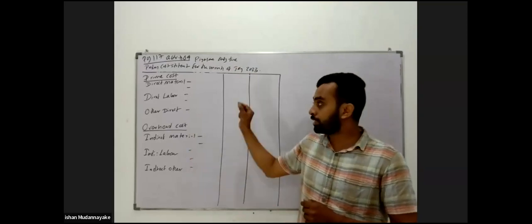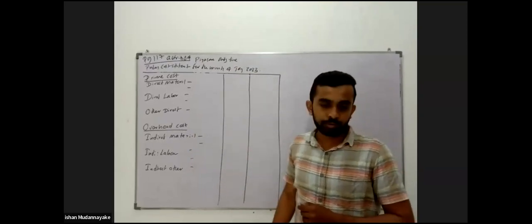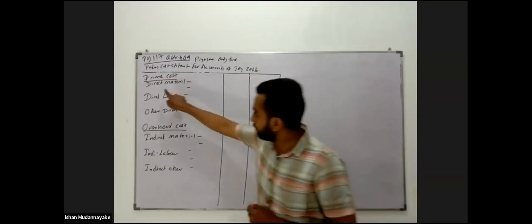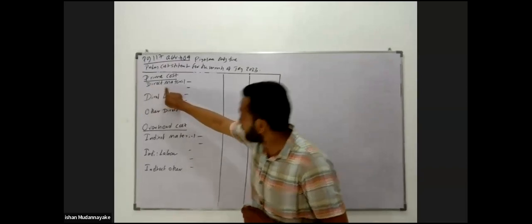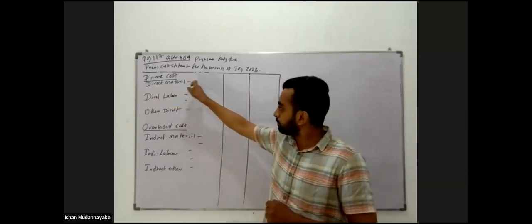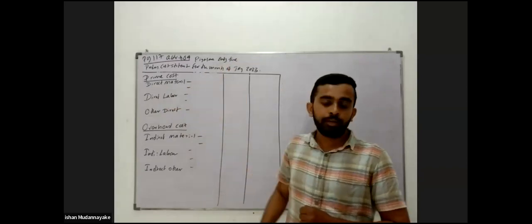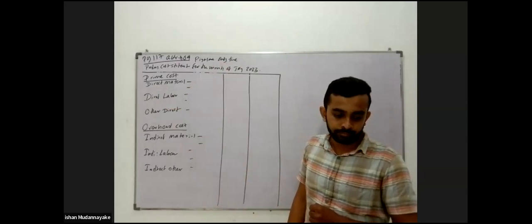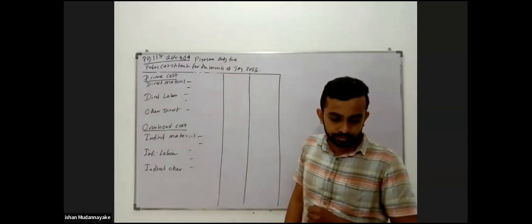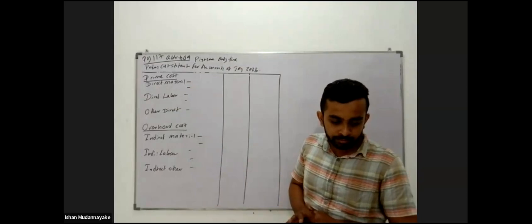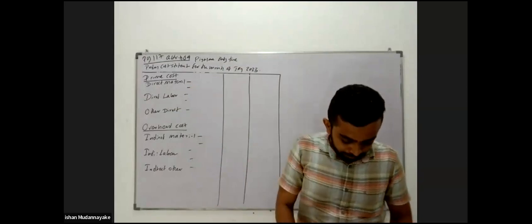You can't just write down material costs under prime cost. Before writing material, you need to write down the direct material at first, and then you can write down material purchase cost. Like this.